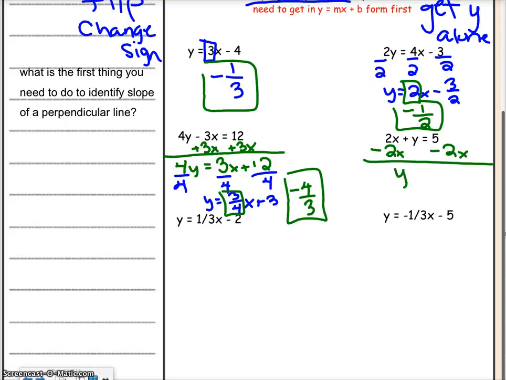And I get y equals negative 2, maybe put over 1, maybe that'll help some of you with whole numbers, x plus 5. Now I can analyze the slope. Box off the slope. Flip, change sign. And now it will be positive.